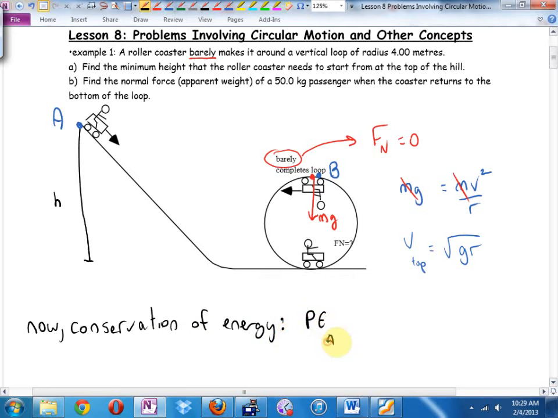Potential energy at A plus kinetic energy at A has to equal the potential energy at B plus the kinetic energy at B. Any of these, 0.